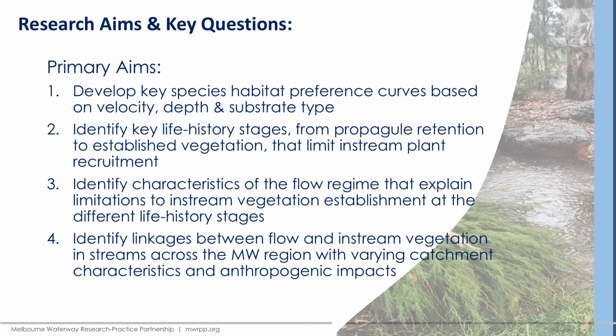Thirdly, we're interested in identifying characteristics of the flow regime that explain limitations to in-stream vegetation establishment at the different life history stages. And finally, looking to identify linkages between flow and in-stream vegetation in streams across the Melbourne water region with varying catchment characteristics and anthropogenic impacts.